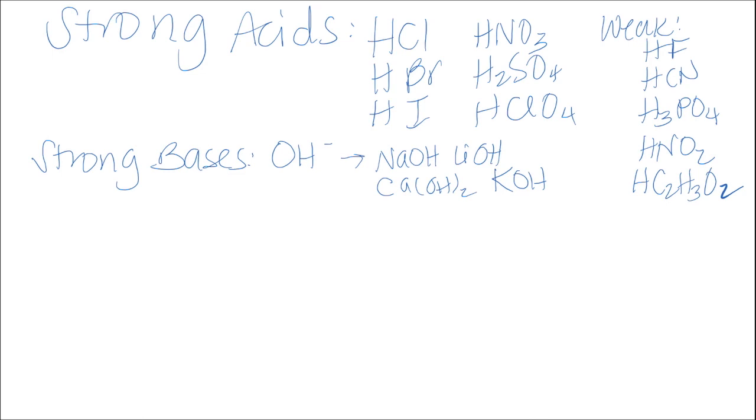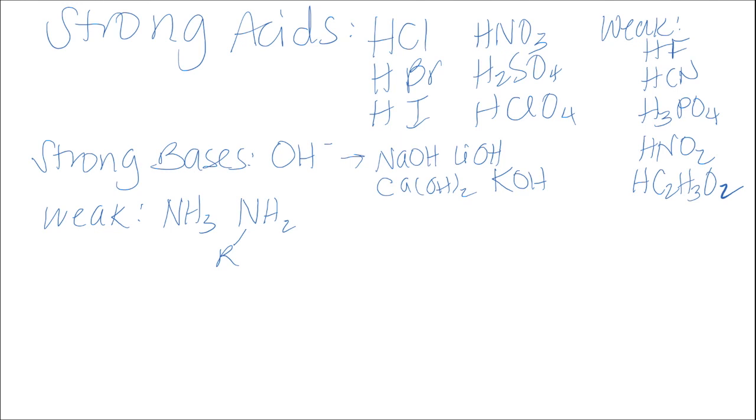Weak bases are usually nitrogen containing bases. So ammonia, something like that with like a different side chain off of it. So those are your weak bases. All right, so your hydroxide containing bases are the strong ones. And that's pretty much it.